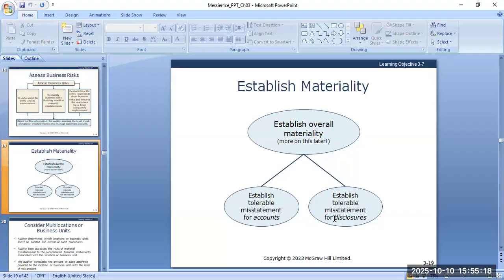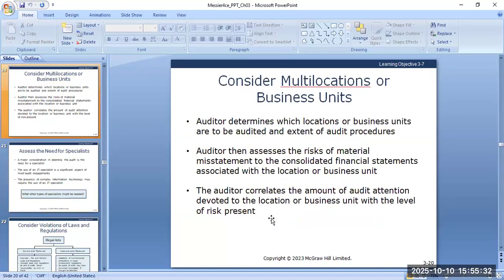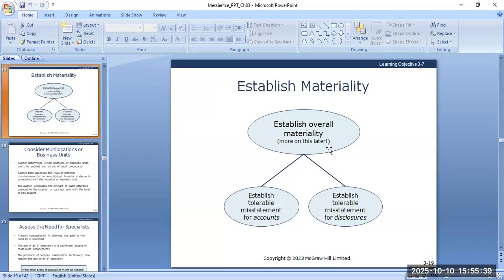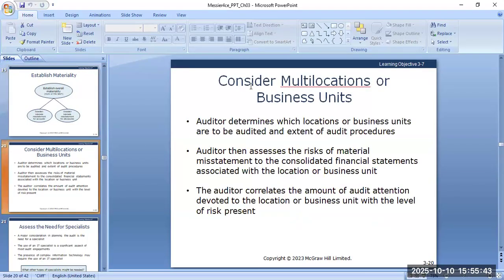As you can see, the importance of disclosures is pretty much the same as for a single account. Accounts and disclosures are at the same level of importance. We're going to spend more time on establishing materiality a little bit later, not right now.